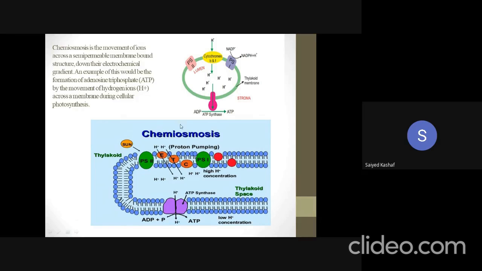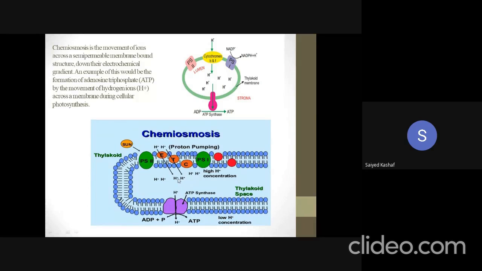So this was all about the proton gradient through which we can produce our ATP. So now we are clear that this proton gradient has been increased due to three reasons. Now what will happen? Our ultimate objective is to produce ATP.